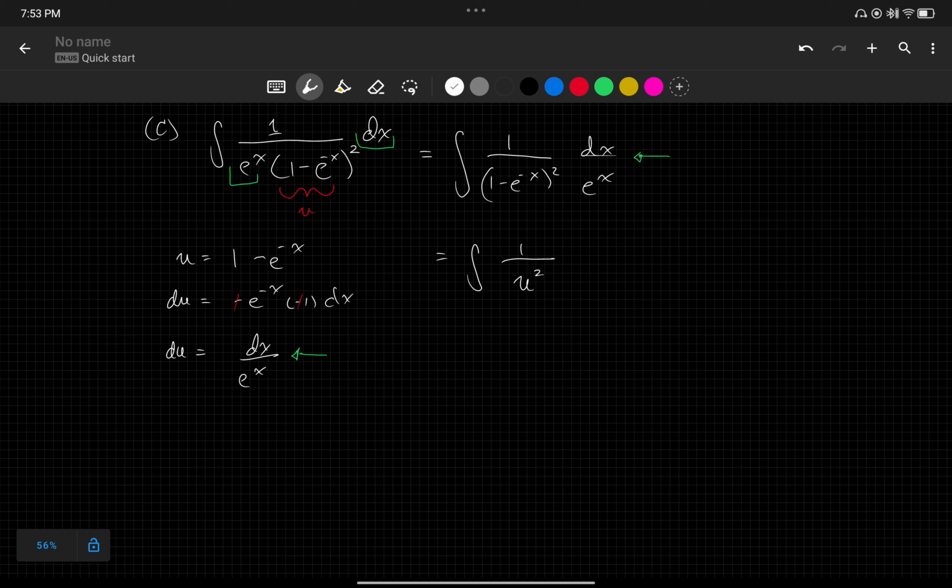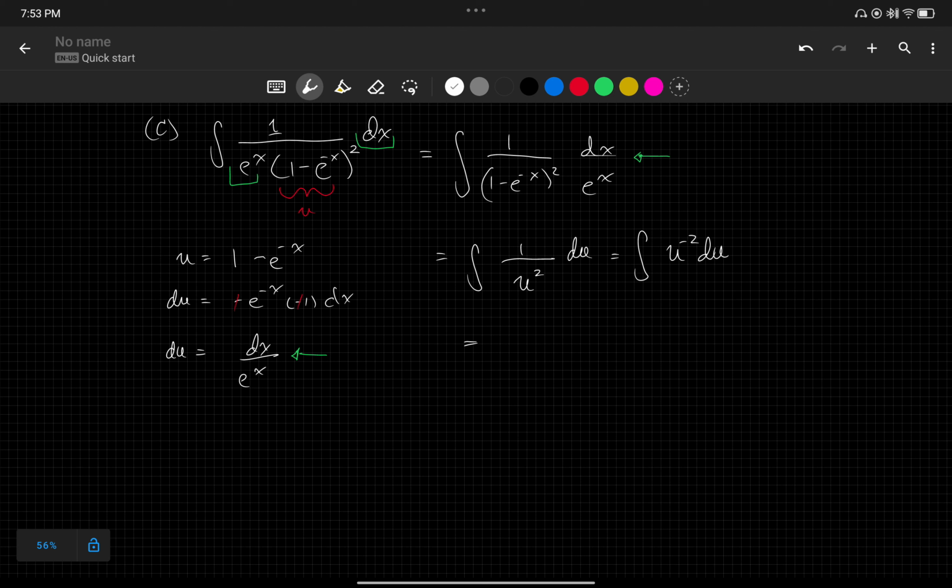And then this one was simply du. Actually, this is pretty nice. This is a negative 2 if you move it upstairs. And antiderivative, add to the exponent and then divide.